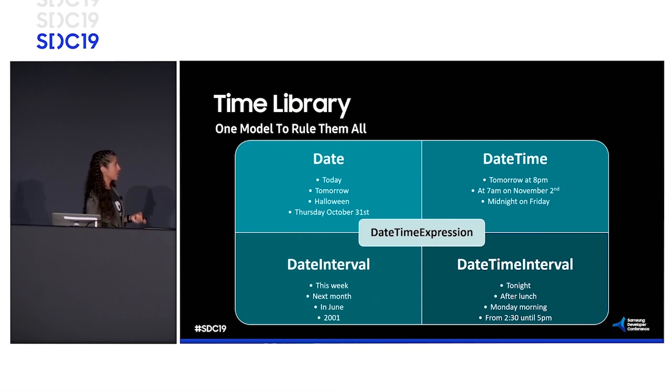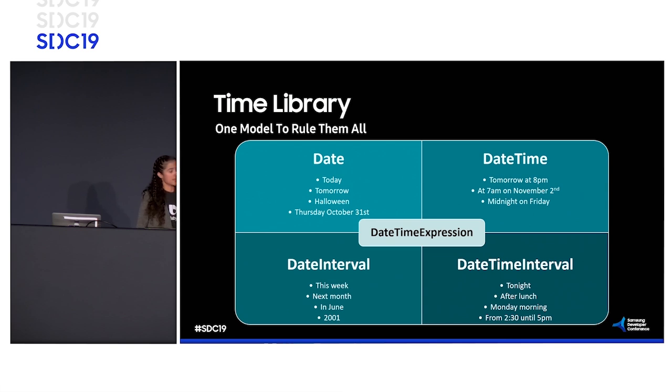Things like today, tomorrow, Halloween will be simplified into a date and resolved to a specific moment, so Thursday, October 31st, for example. Tomorrow at 8 p.m., at 7 a.m. on November 2nd are all instances of datetimes.